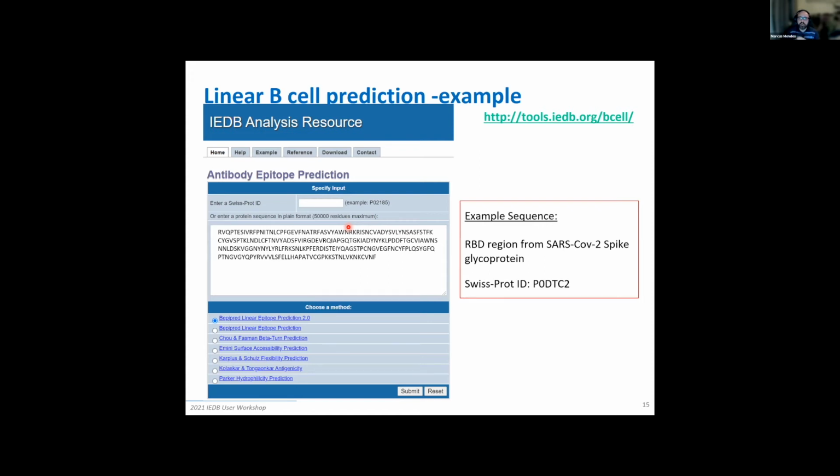So I'm working with the RBD region. Of course, be my guest if you want to use the entire protein or a different protein; we can test it. If you have no idea which method to use, use the IEDB recommended one, which is BepiPred 2.0. This usually has the best results. You just click submit.